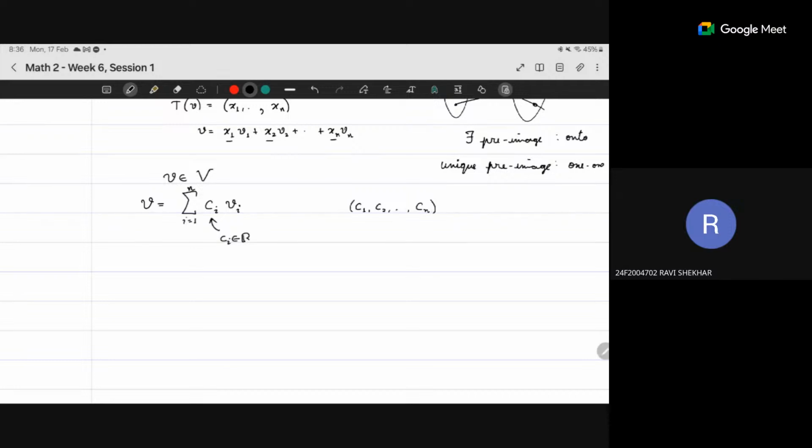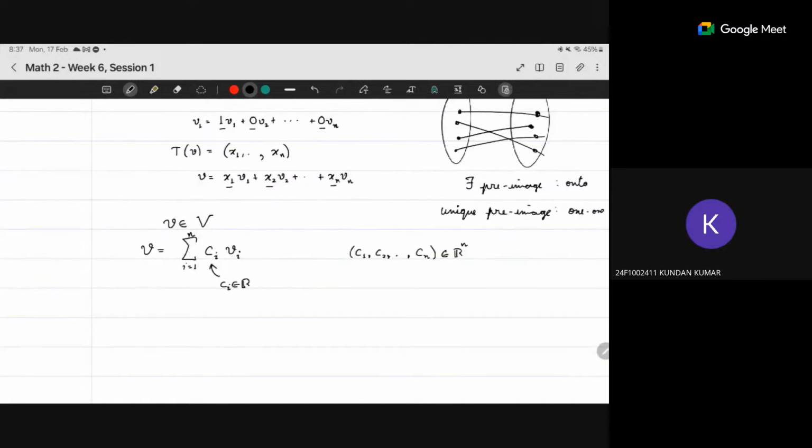This is an n tuple of real numbers, so this has to be in Rn. On one hand, you can look at these as coefficients of the given vector, and if you put them together, you get a vector in Rn.